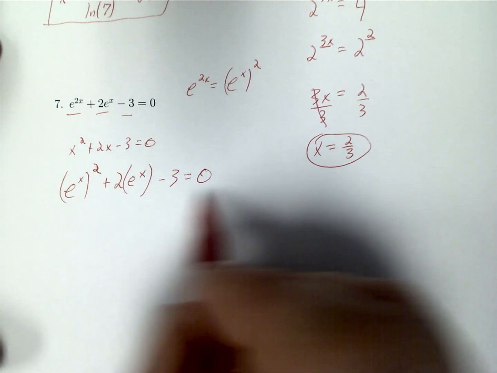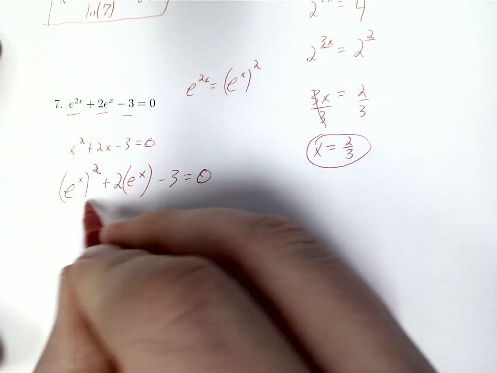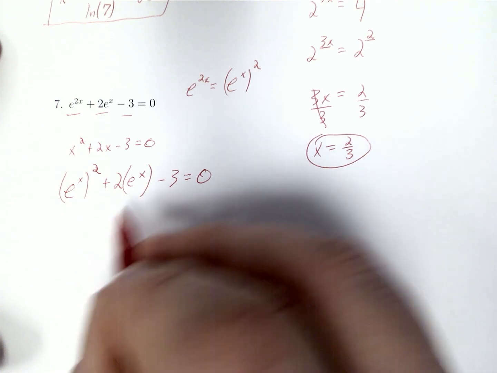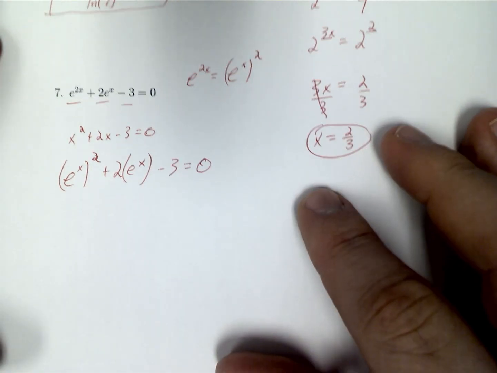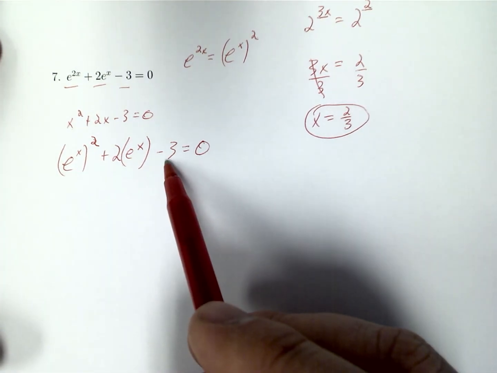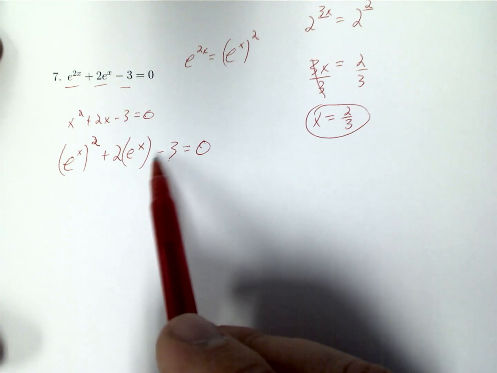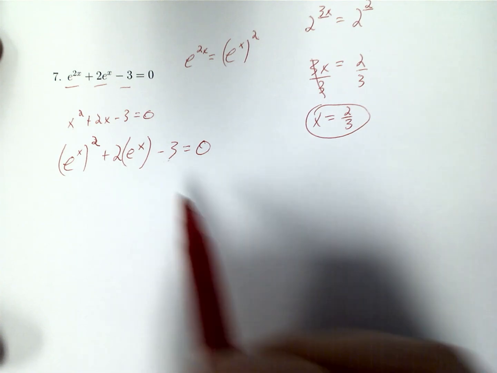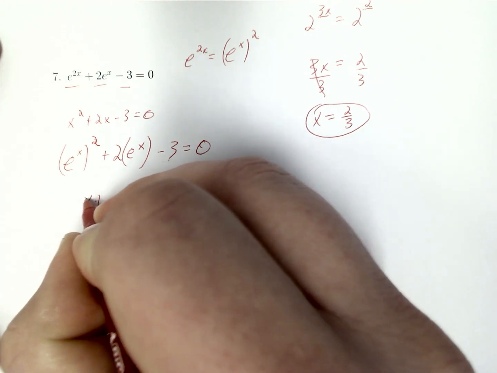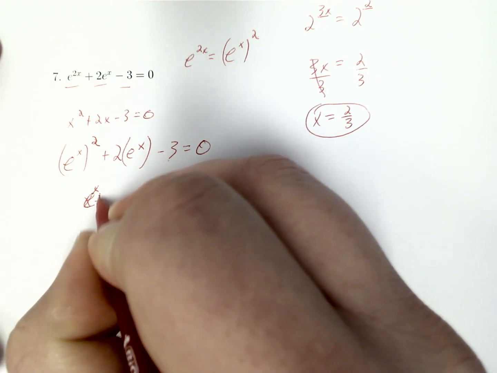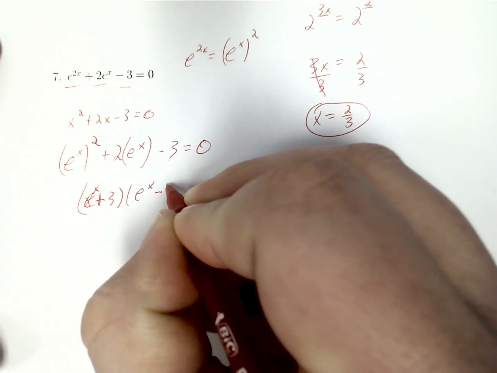So we can factor this. We look for two numbers that multiply, or we could use the quadratic formula with e to the x as our variable. We could do that technique as well. But here we can factor it. Two numbers that multiply to be -3 and add to be +2 give us e to the x plus 3, and e to the x minus 1.